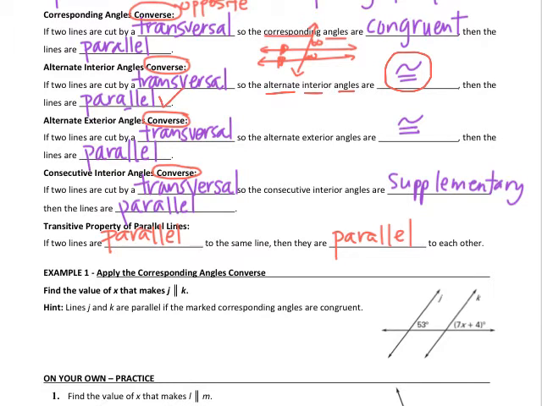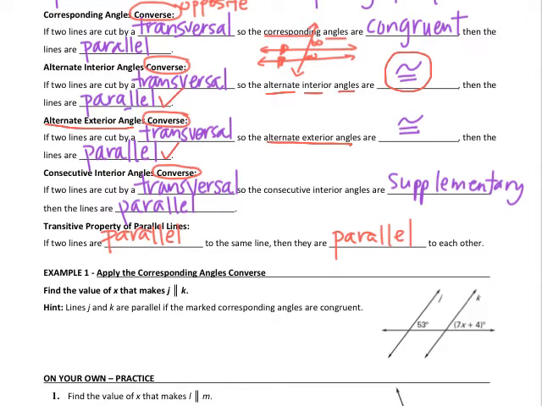In our previous lesson, we were stating the angles are congruent if the lines are parallel. This time we're saying if the angles are congruent, then we know the lines are parallel. Alright, and so we're saying that for each of these different types of angle pairs. So alternate exterior angles, if the alternate exterior angles are congruent, then we can say the lines are parallel.